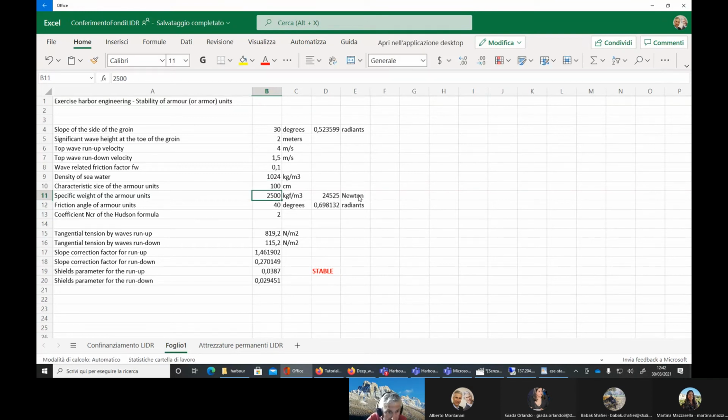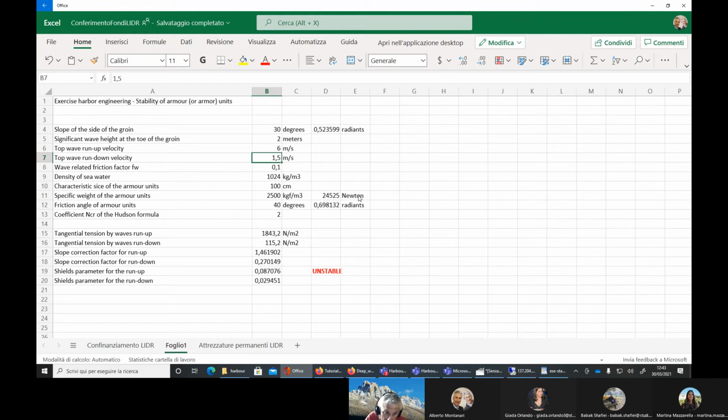It's stable, but let's look at the run-up velocity. Let's bring it to 5 meters per second. It's already unstable, not by a lot, but it's already a significant increase. You know, the run-up velocity and the run-down velocity are squared in the computation of the shear stress. So it means that if you increase the run-up velocity, it becomes rapidly unstable.